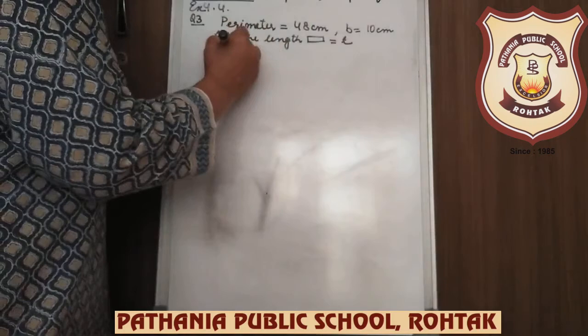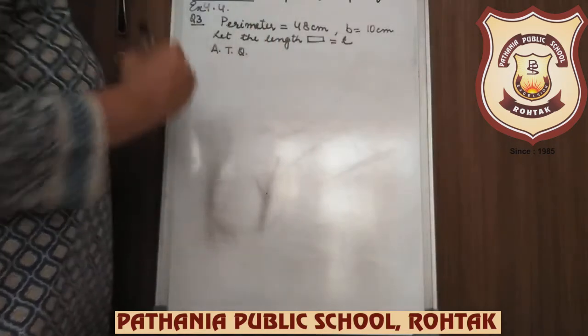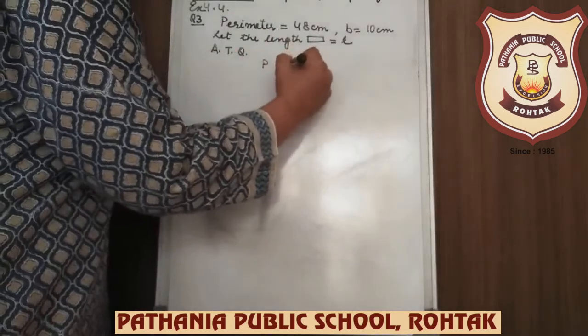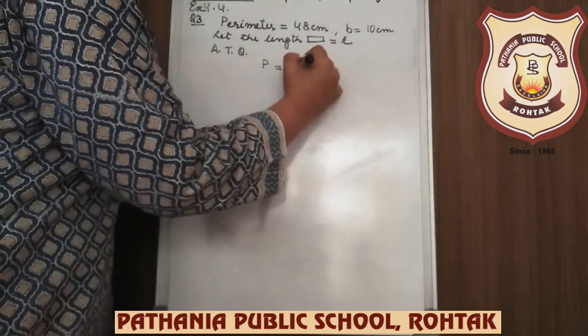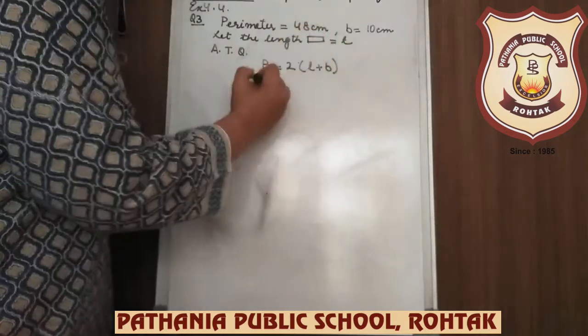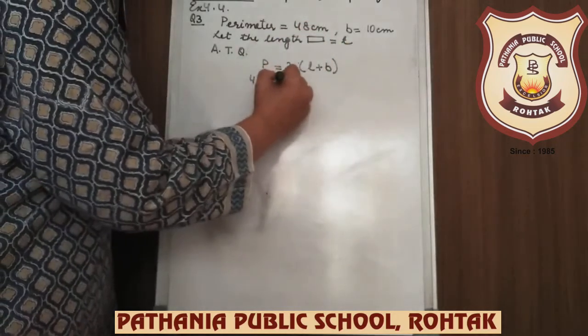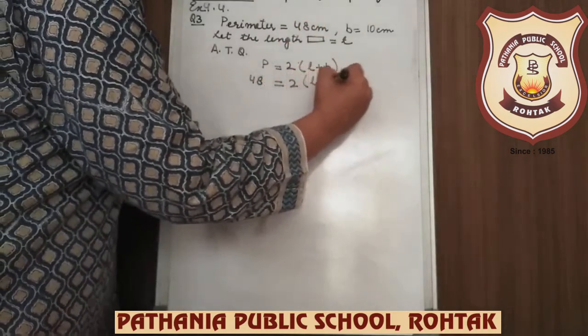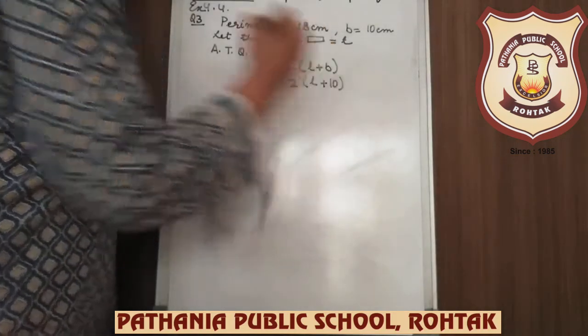Now, according to the question, perimeter is equal to twice L plus B. Perimeter is 48, so 48 is equal to 2 times L, which you don't know, plus breadth, which is 10.